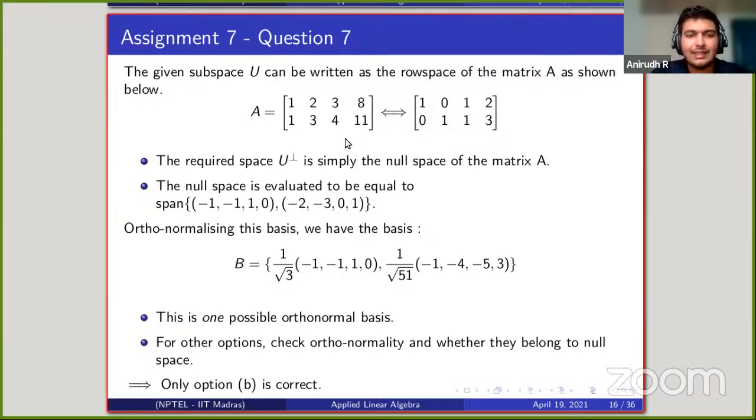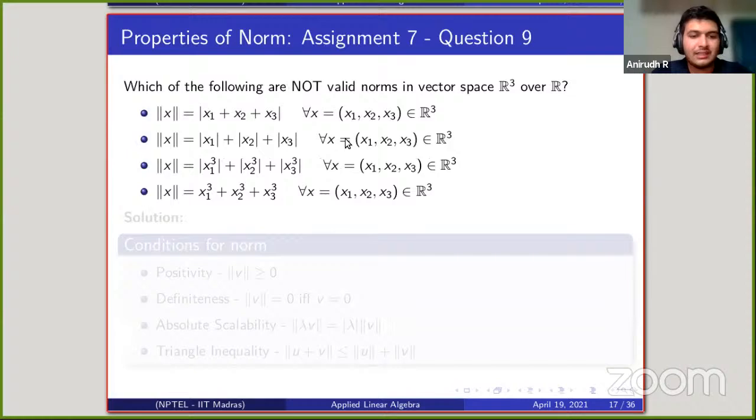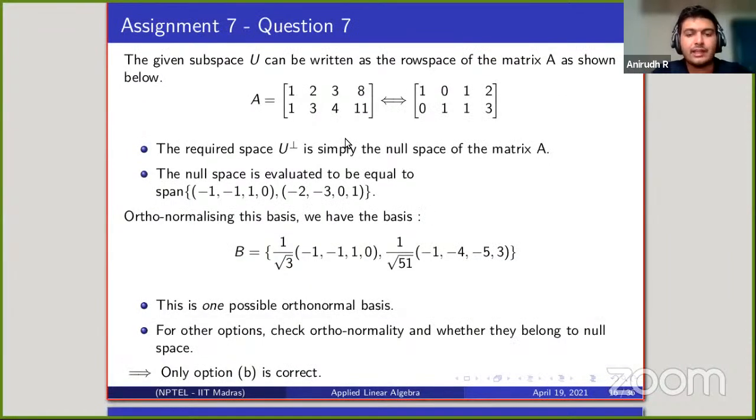We should also check their orthonormality: whether they have norm 1, and whether the 2 vectors in the other options are orthogonal to each other. We check these 3 properties, and it turns out that in this case, only option B is correct.